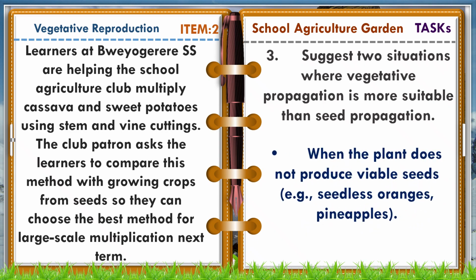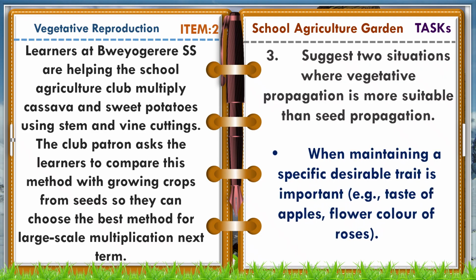When the plant does not produce viable seeds, for example, seedless oranges and pineapples. When maintaining a specific desirable trait is important, for example, taste of apples, flower color in roses.